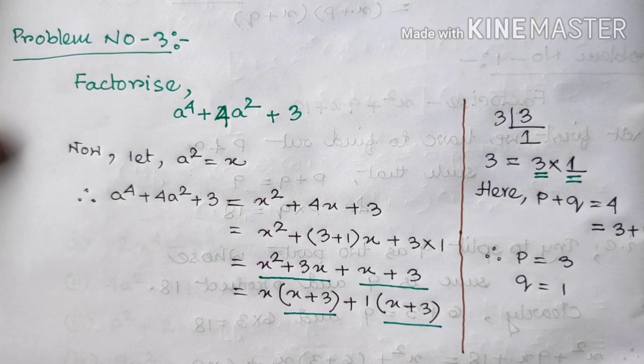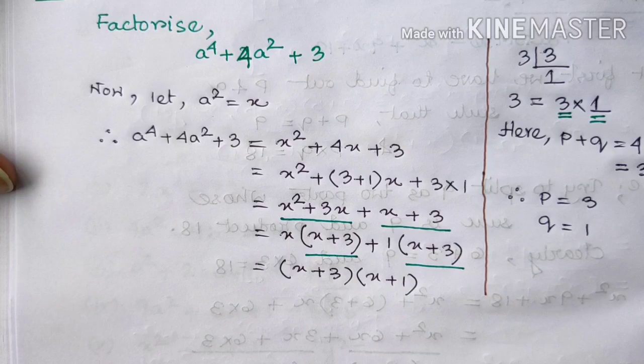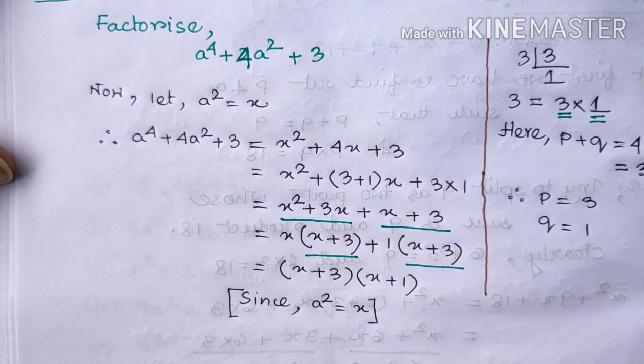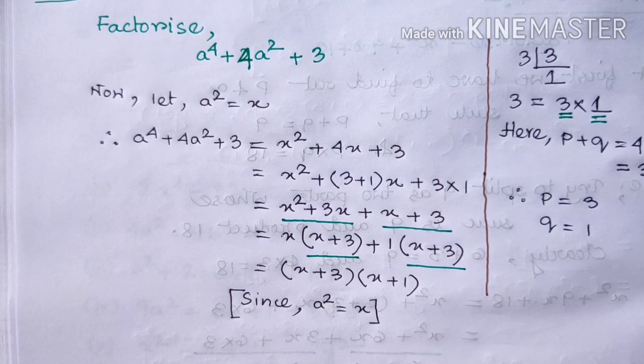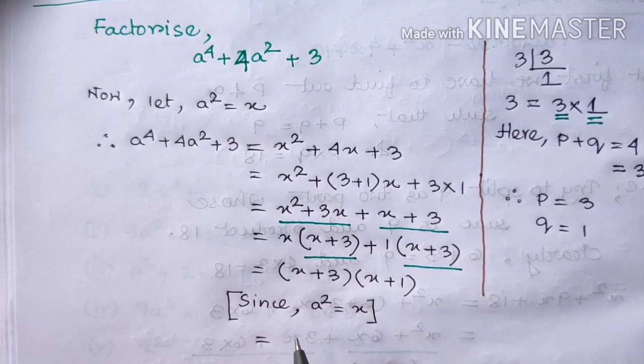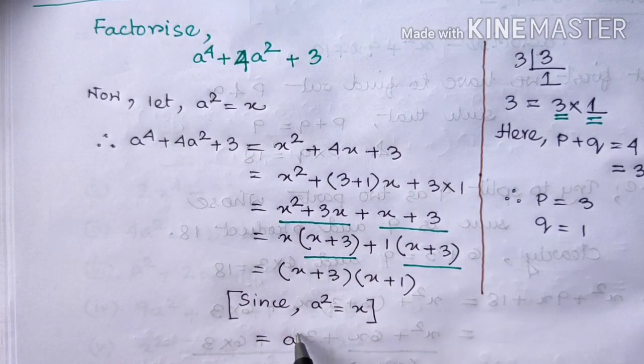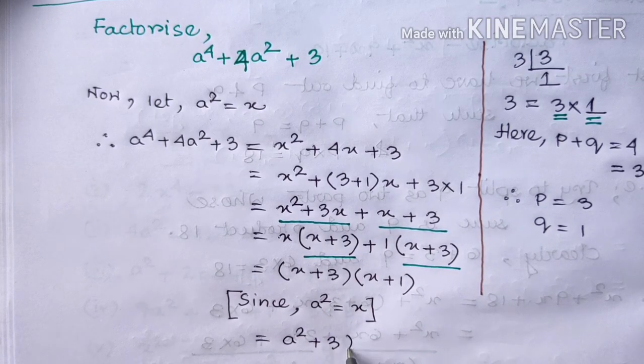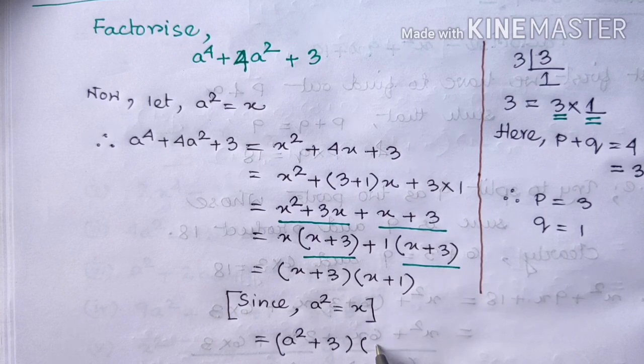Now taking x plus 3 common we get the factorization of x square plus 4x plus 3. Since we assumed that a square equals x, therefore we write x as a square. Therefore the result is (a square plus 3) into (a square plus 1).